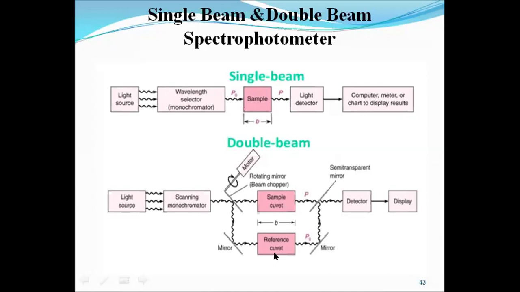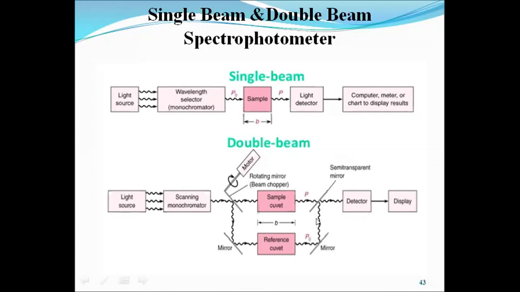Generally the reference is made of solvent. Suppose we have a sample, we have dissolved it in a particular solvent, so the same solvent will be used as a reference. So what will happen is this sample will absorb some radiation, and this reference also will absorb some radiation, and we'll get a transmitted radiation for the sample as well as the transmitted radiation for the reference.